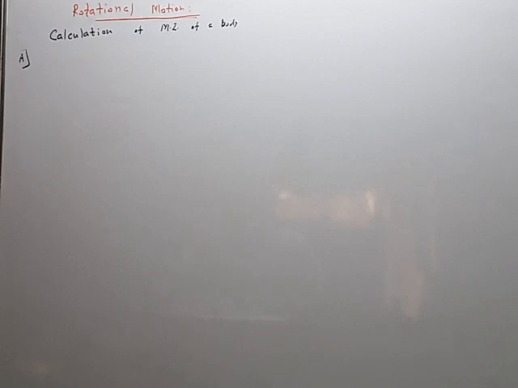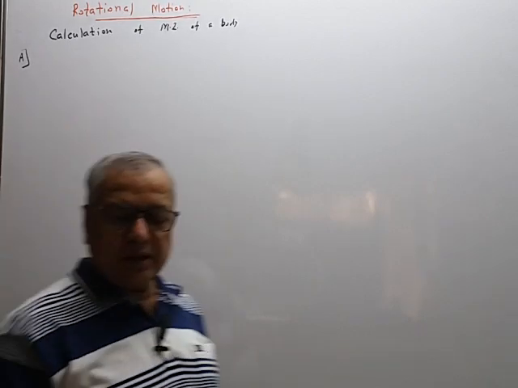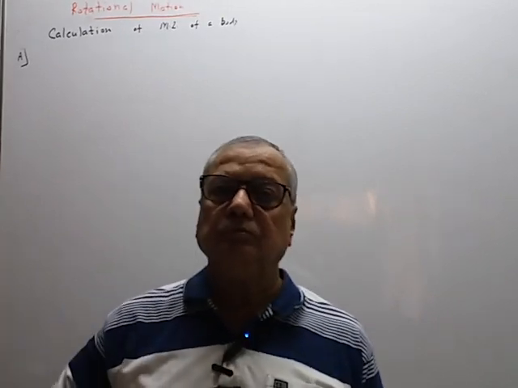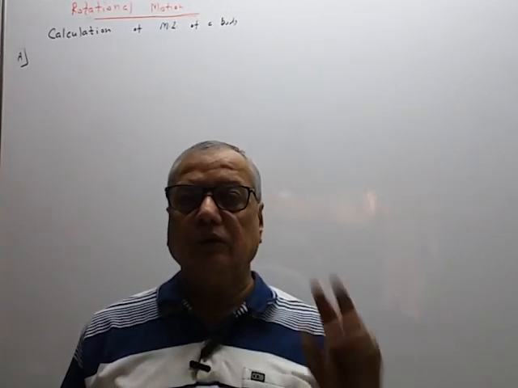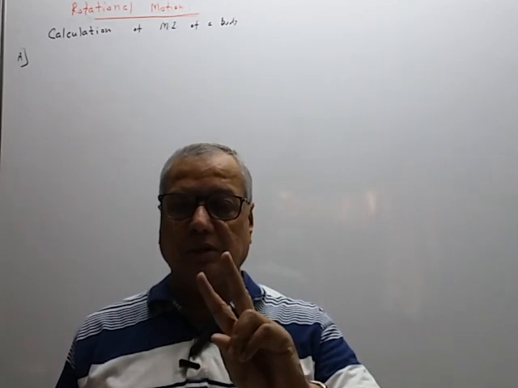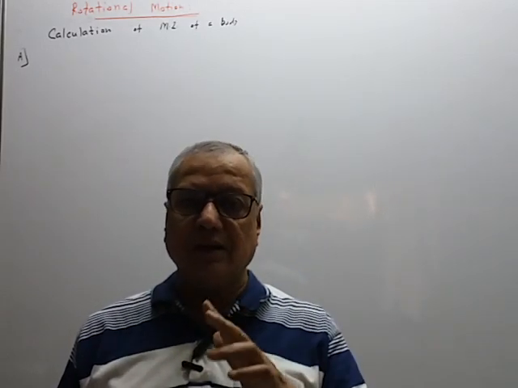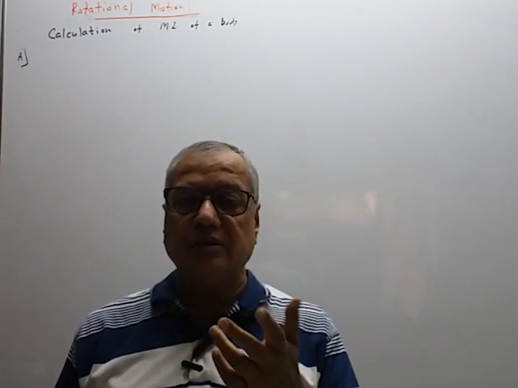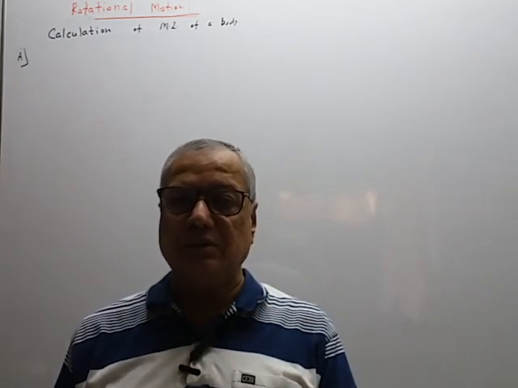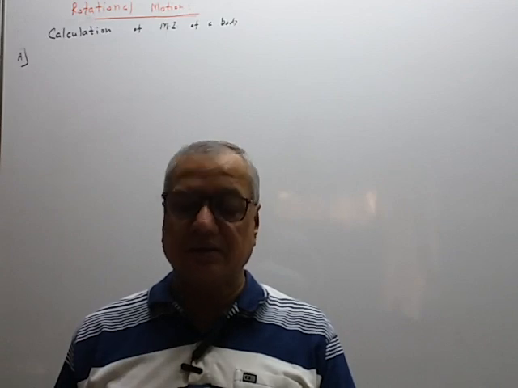So last time we have seen the use of radius of gyration. What is the importance of radius of gyration? We have to take only two observations. One is the total mass of the body, and second is the radius of gyration, which is determined by knowing the dimensions. But the body has certain conditions.